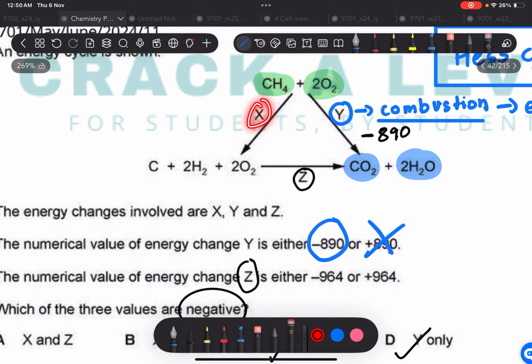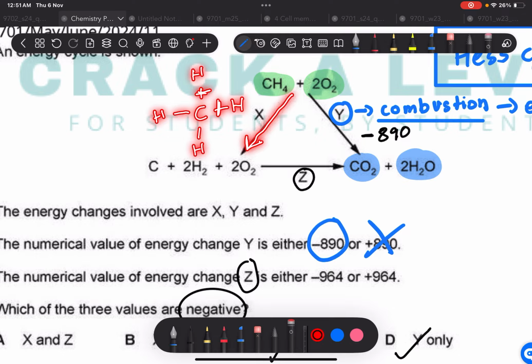X, I don't care. What's happening at X is that bonds are being broken, these carbon-hydrogen bonds in methane. And when you break bonds, it's always endothermic. So X is going to be positive, but Z is going to be negative.